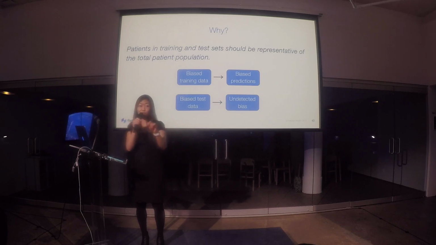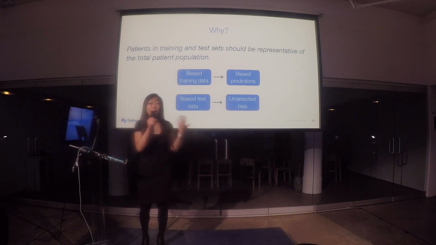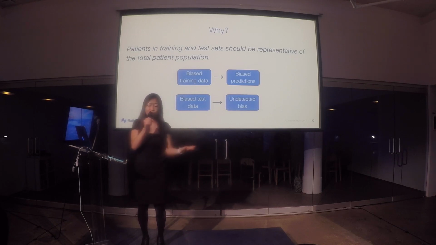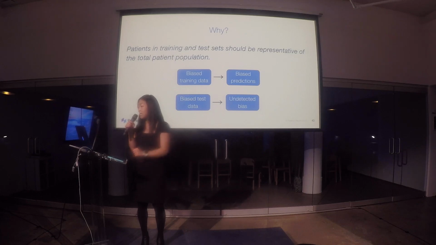The subpopulation representation is crucial to help prevent and detect the case where a certain population is systematically missed by the machine learning model. Imagine if our training data didn't have any male patients with metastatic breast cancer. It could learn that male patients never get metastatic breast cancer, which is not true. And similarly, if our testing data didn't have male patients, we also wouldn't be able to detect that mistake if we were making it.